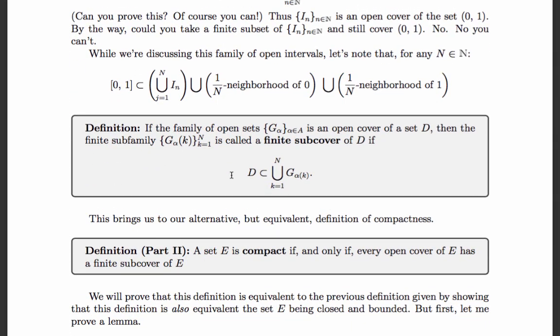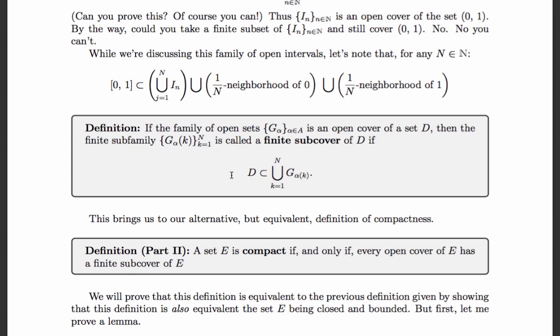So, we're now prepared to give our alternative but equivalent definition of compactness. Okay, a set E is compact if, and only if, every open cover of E has a finite subcover of E. So, upon first glance, we might say, well, this definition doesn't seem to have anything to do with the definition from the last lecture.